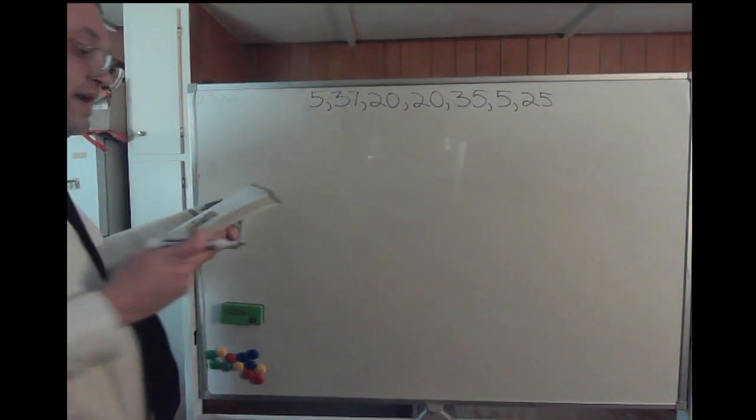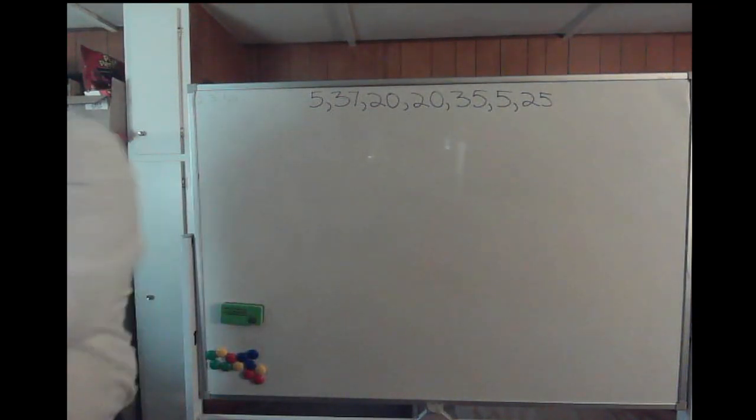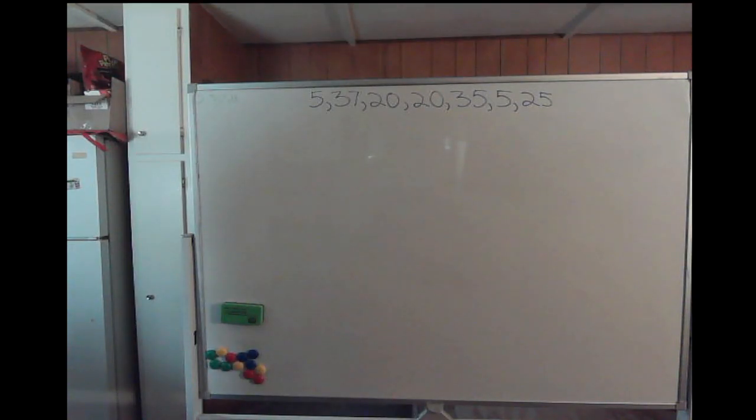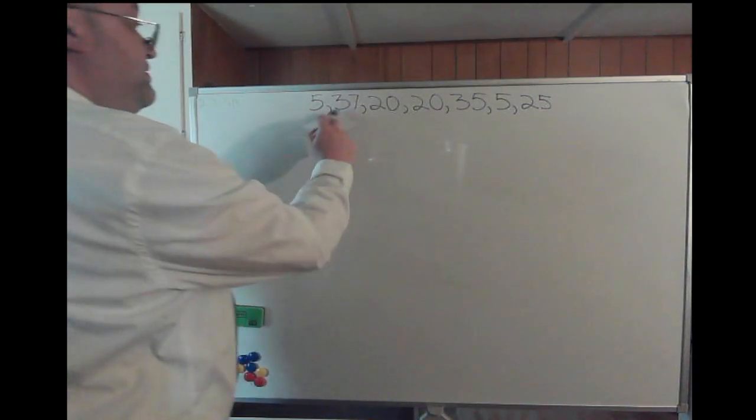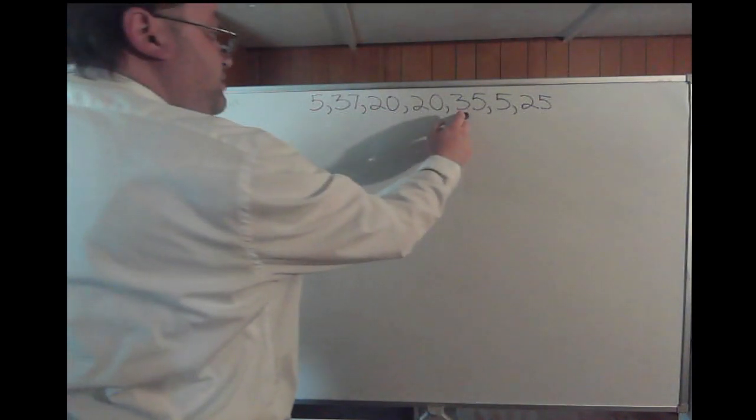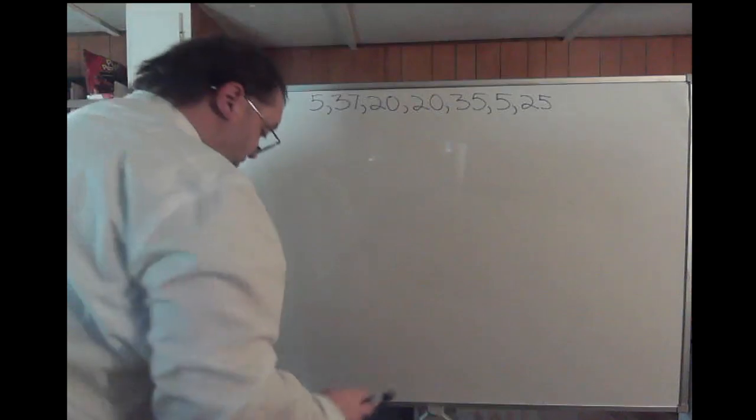Okay, so we have 7 numbers here. We have 7 numbers, so we have 5, 37, 20, 20, 35, 5, and 25.